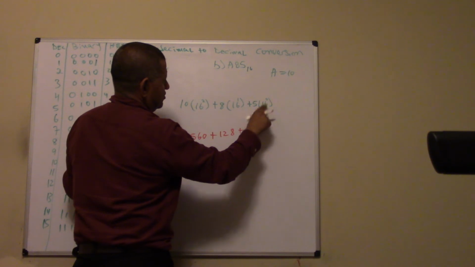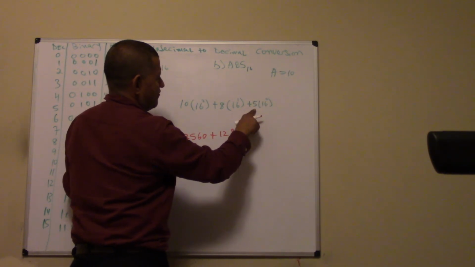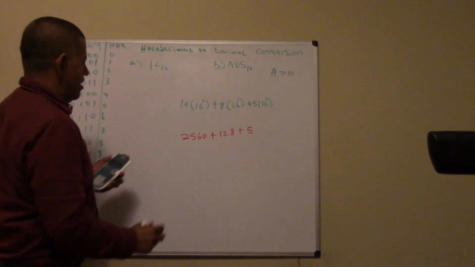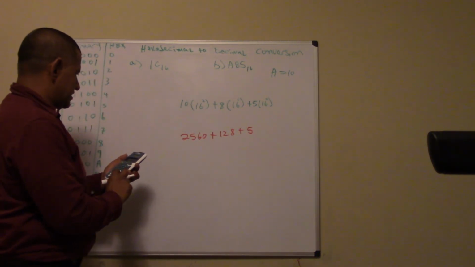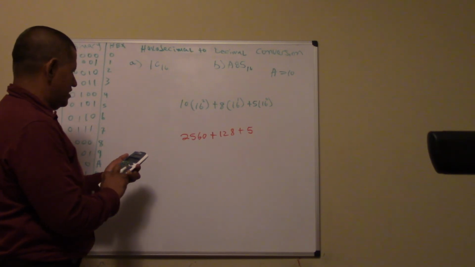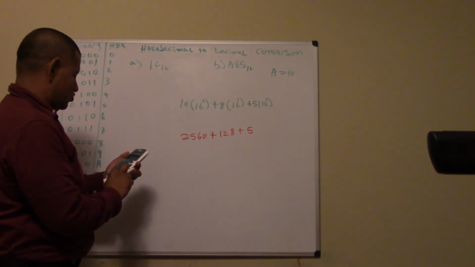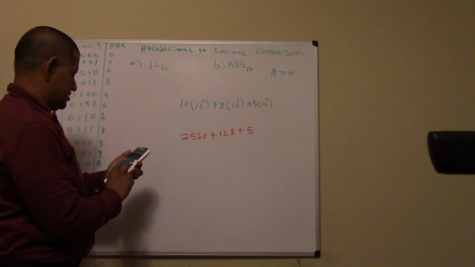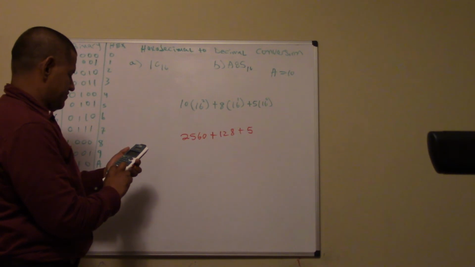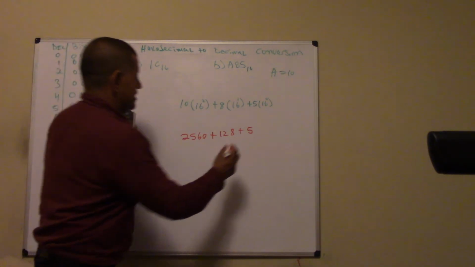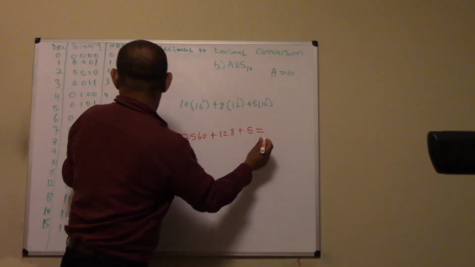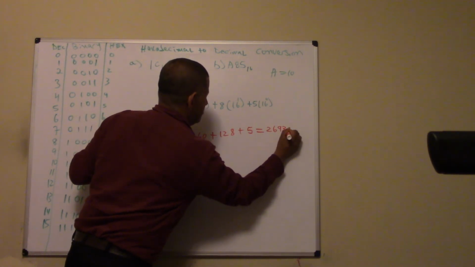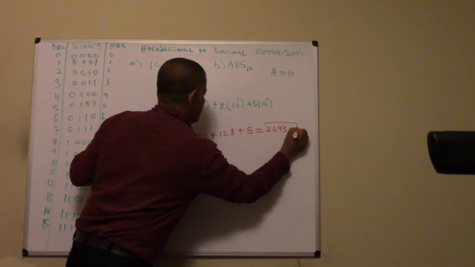Because any number to the 0 power is 1 times 5 is just 5, right? So that is 5, right? Now when I add this together, I get 2560 plus 5, and it is equal to 2693 base 10.